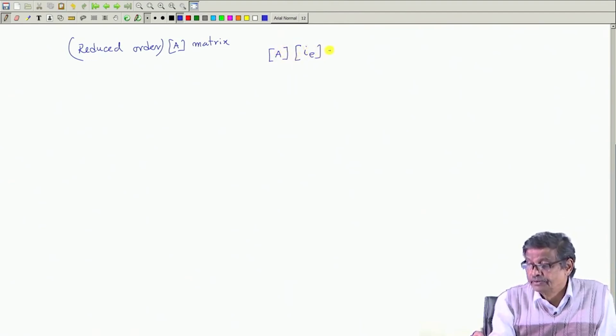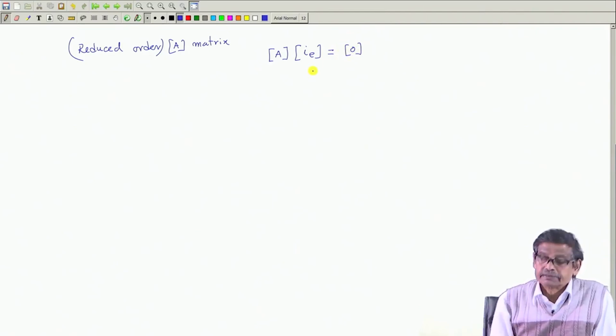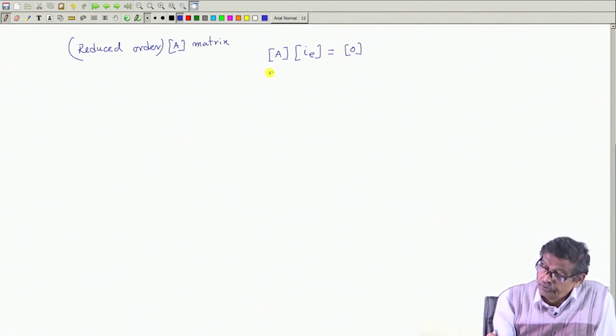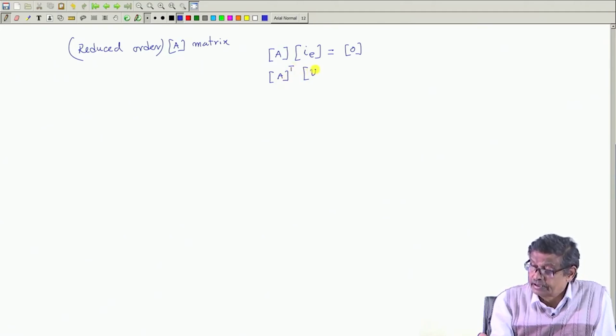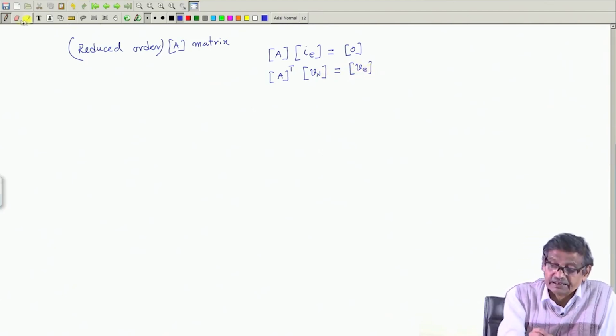is equal to 0. Square brackets indicate it is a matrix, and also we have seen that A transpose into the node voltages, a column of voltages, will give you the element voltages. This is the thing.